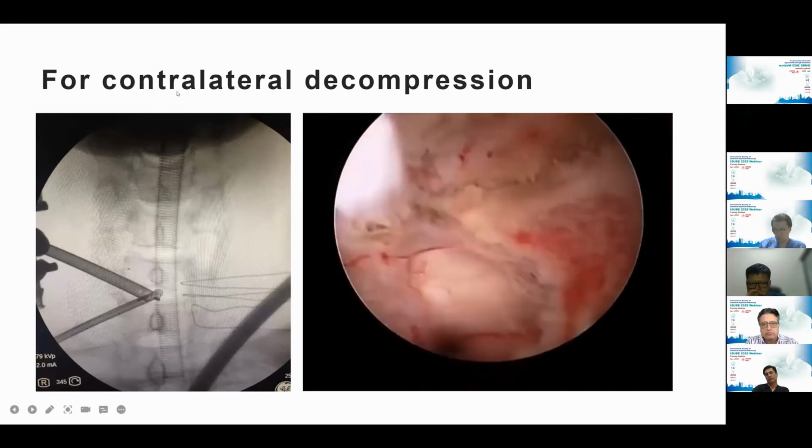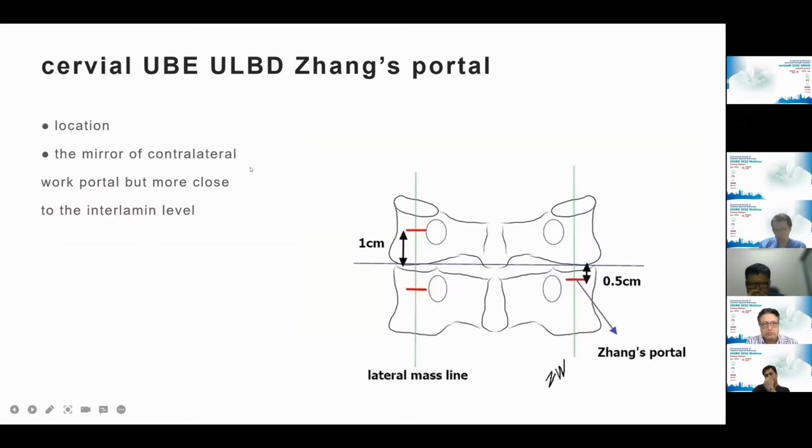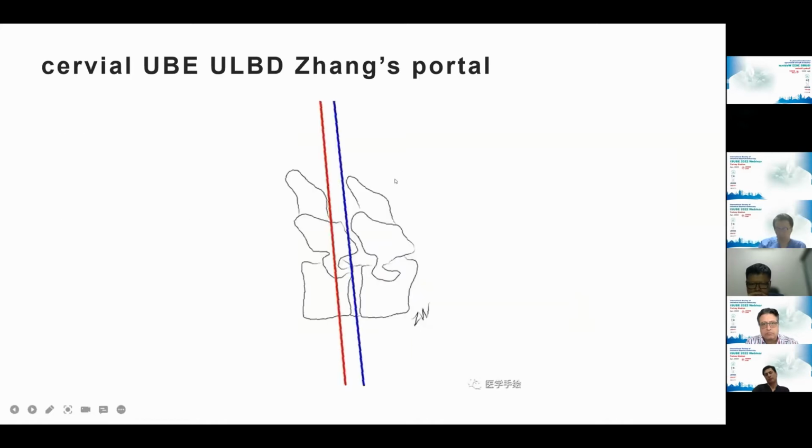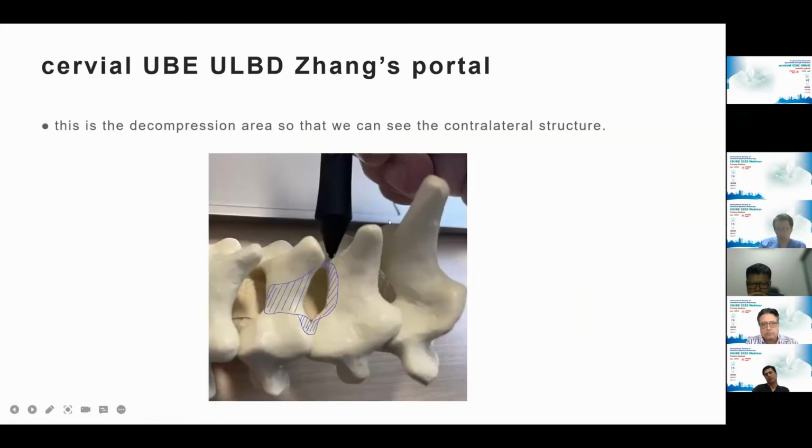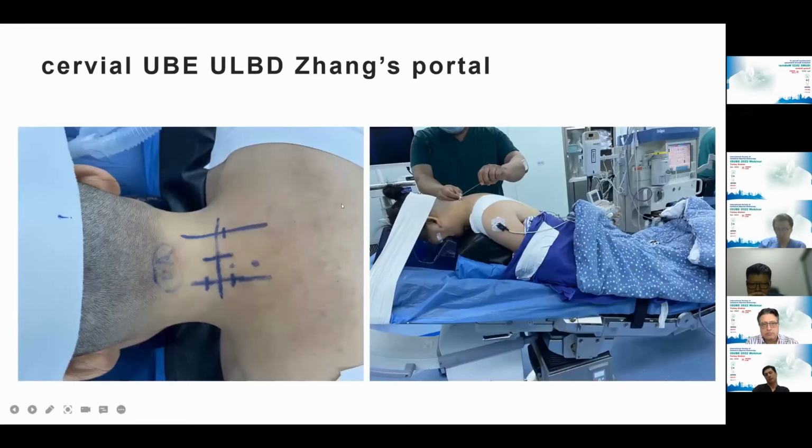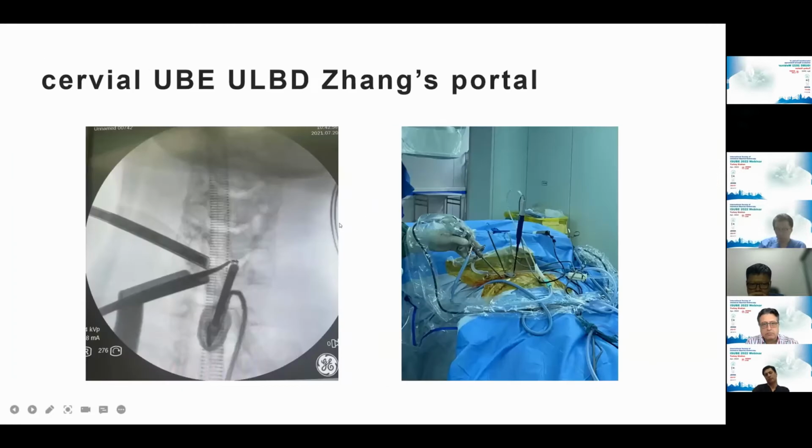I designed the cervical UBE transportal. I think if I choose the contralateral third portal, I can do more work and get enough contralateral side decompression. This is the ipsilateral decompression area, and this is a picture of the patient.